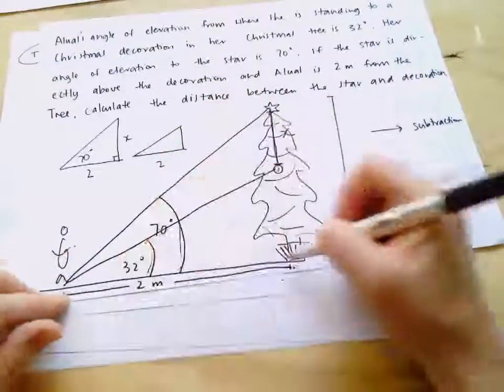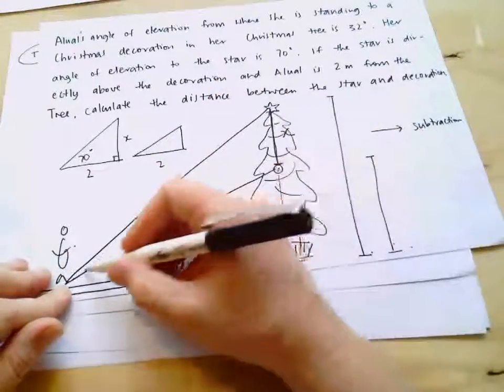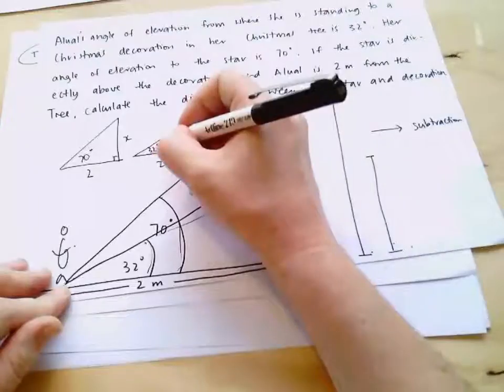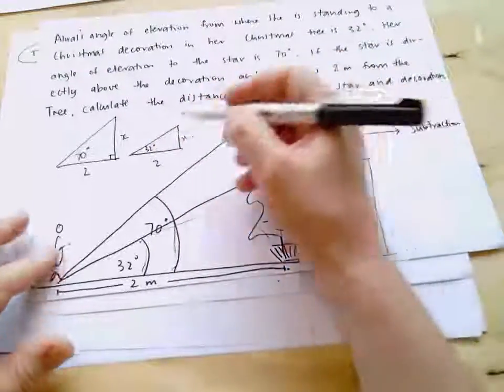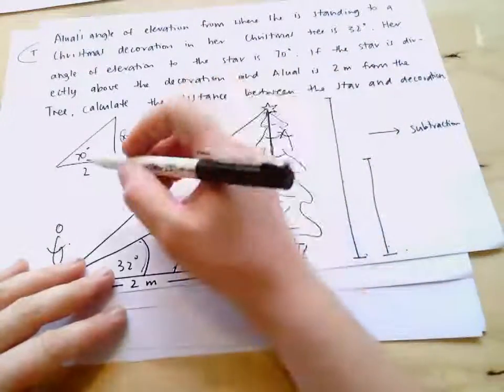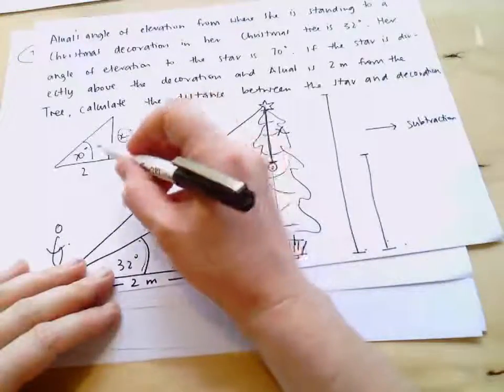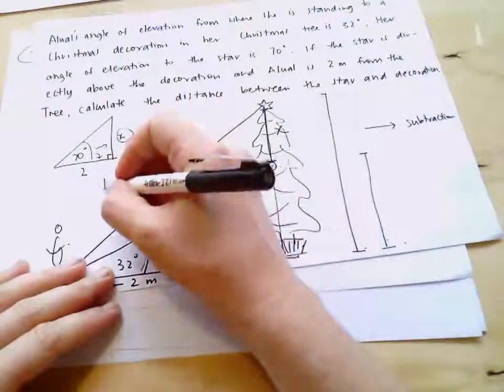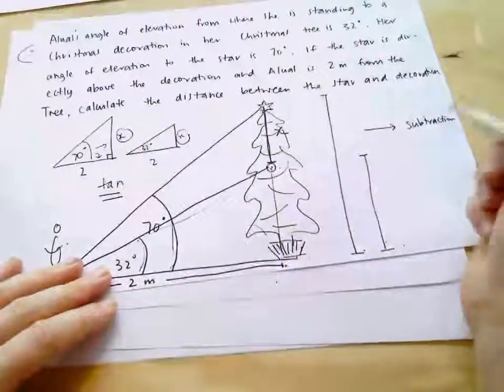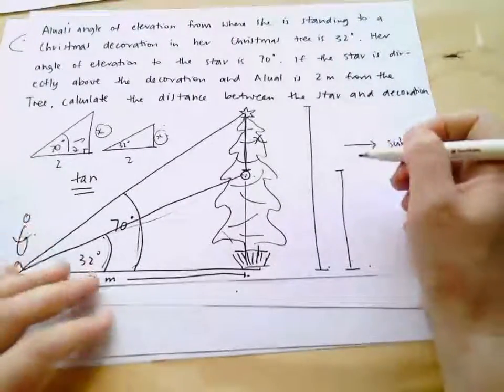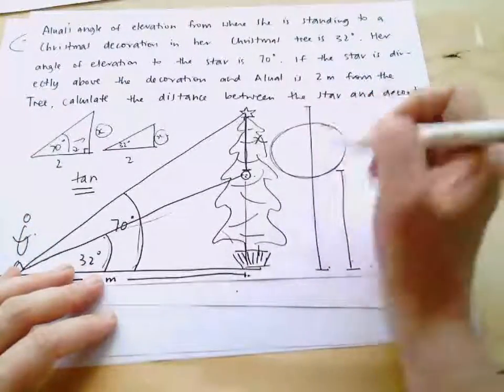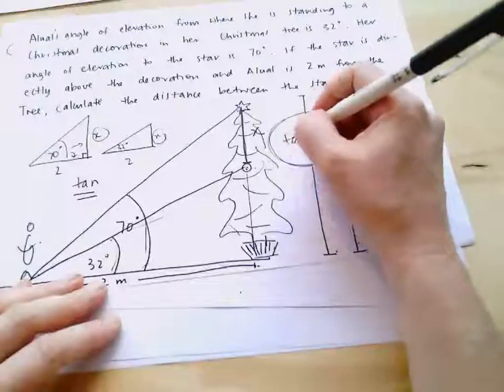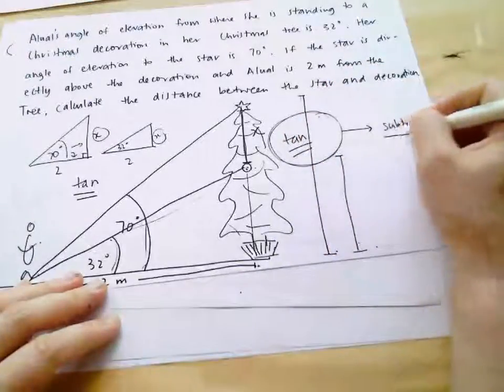Again, it's got a base of 2 metres, but it goes up here and across an angle of 32 degrees. So I'm going to work out each of these using, well, I'd use here right angle triangle, opposite and adjacent, tan in both cases. Then I'm going to do my subtraction. So that's the step I have to do first, is use tan. Once I've used tan, I can then do my subtraction.